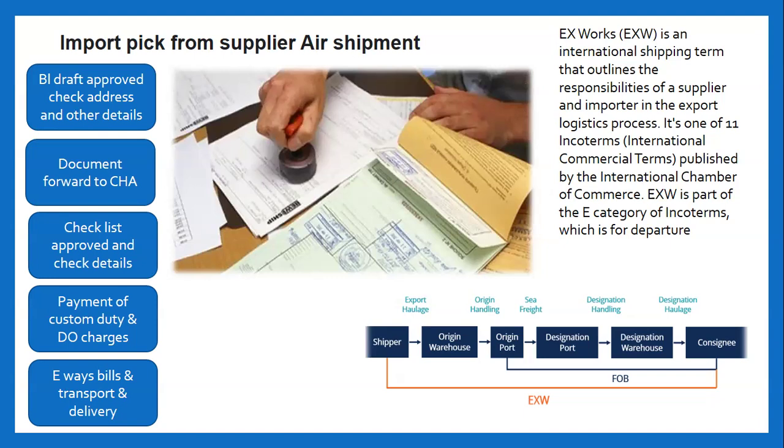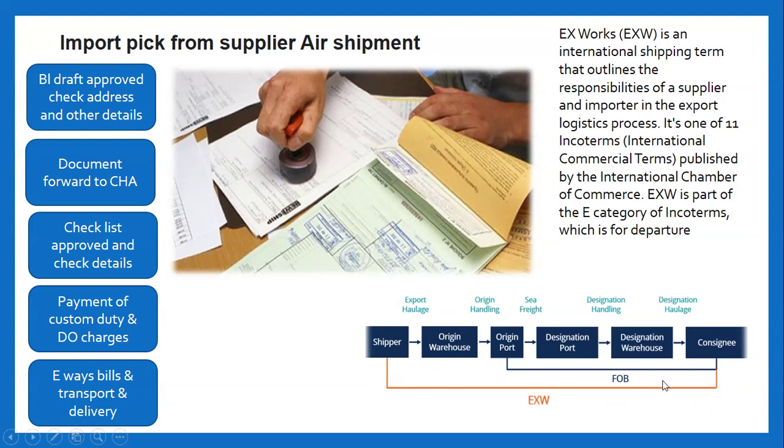If it is an Ex-works term, the airway bill will be freight collect. We need to understand this because all expenses are borne by the consignee here. So this airway bill will mention freight collect, not prepaid.